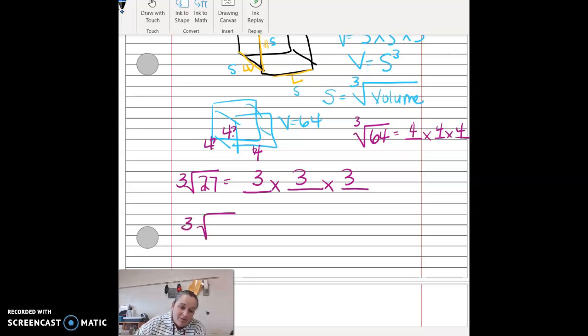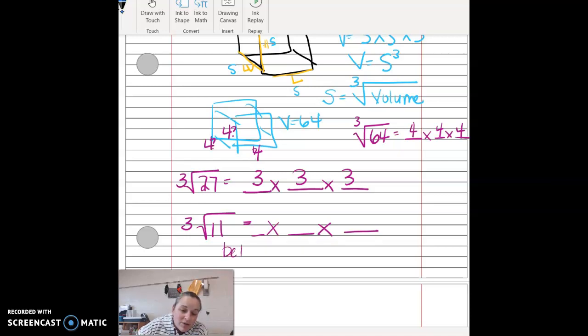And then what happens if I get a volume of 11? What are its side lengths? A number times itself 3 times. All right, so 1 times 1 times 1 is 1. 2 times 2 times 2 is 8. 3 times 3 times 3 is 27.